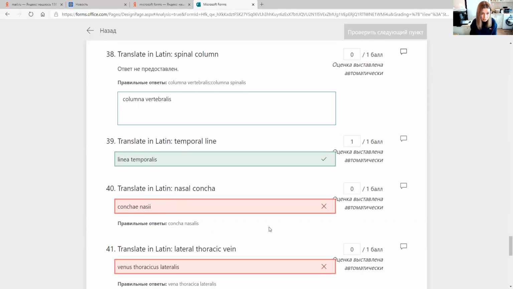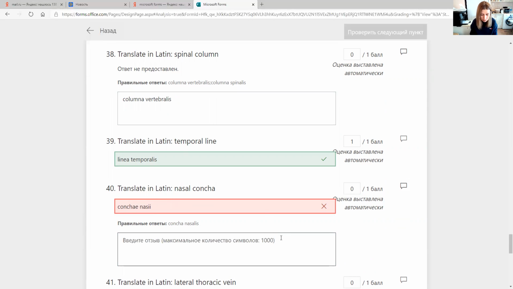Concha nasalis, the next one, nasal concha. Concha nasalis is the correct translation. Please pay attention that concha must be in nominative case because we can ask the question what concha. Here the student used genitive case, and there are no reasons for genitive case. Concha.